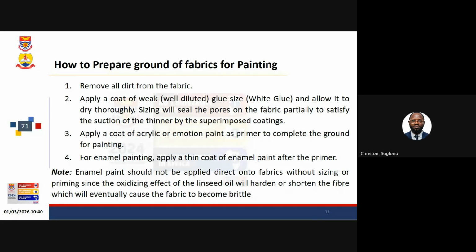Sizing will seal the pores on the fabric partially to certify the suction of the thinner by the superimposed coating. Apply a coat of acrylic or emulsion paint as primer to complete the ground for painting. For enamel painting, apply a thin coat of enamel paint after priming.